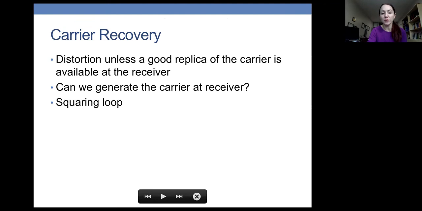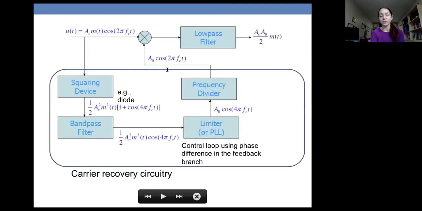First, let's talk about the squaring loop structure. Now, the squaring loop is a loop that uses a phase lock loop that we just discussed. It uses a PLL, or it uses a limiter. So let's try to take a look at what this diagram of the system does.